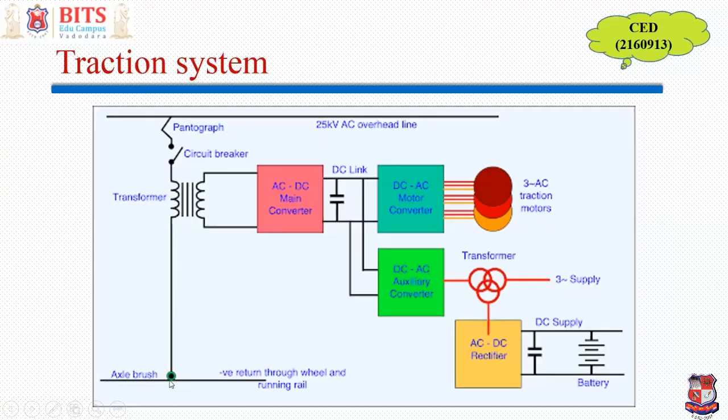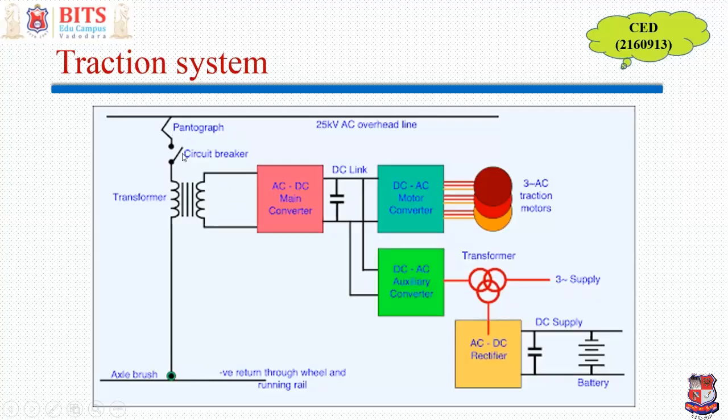This is the axle brush through which it is connected to the axle, the axle is with the wheels, and the wheels are connected to the rails. So this is the complete path. The return path is through the track, so you don't have to have a second wire for the return path. The rails themselves behave as the return path here.